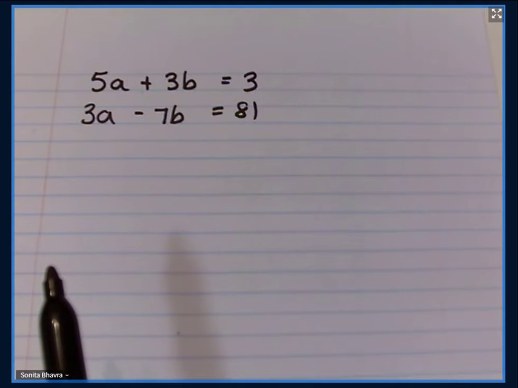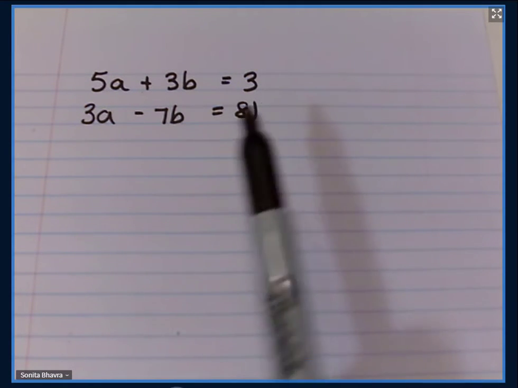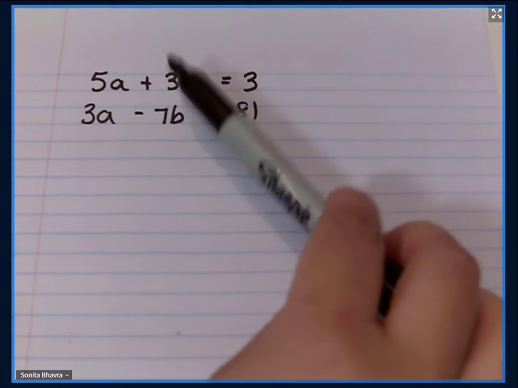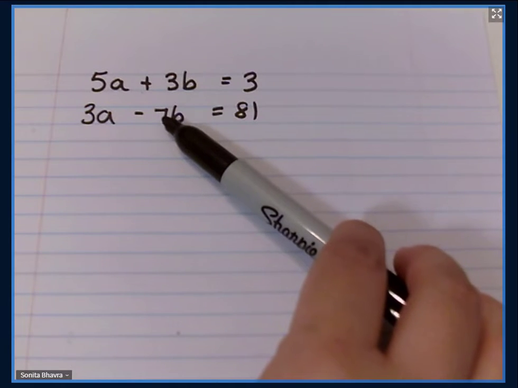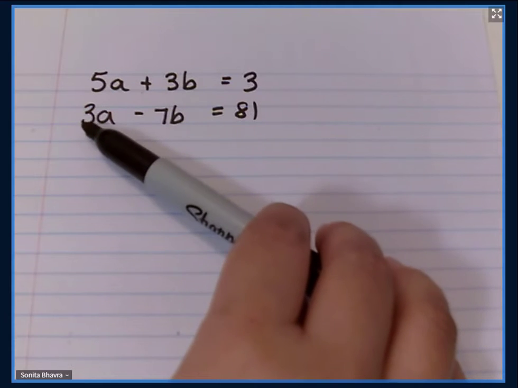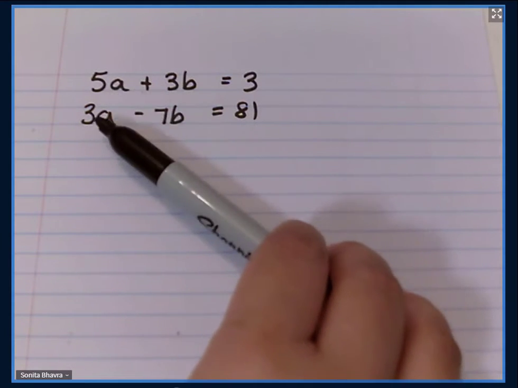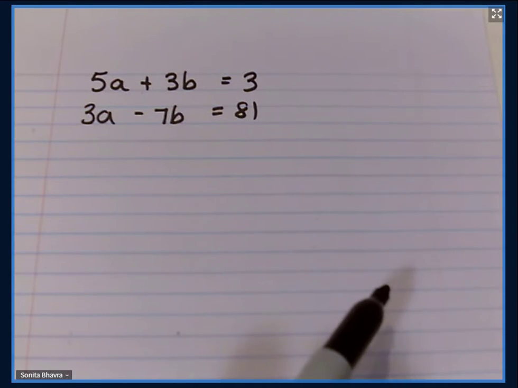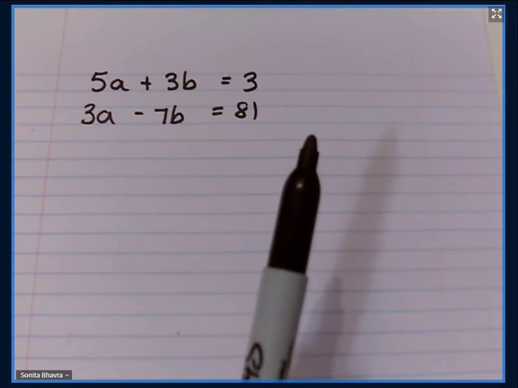If we multiply our top equation by 7 and our bottom equation by 3, we can eliminate our b's because we'll make both of them equal to 21. The other method you could use is make 5 and 3 equal to 15 by multiplying the top equation by 3 and the bottom equation by 5. Either way, we have to eliminate one of the variables in elimination.